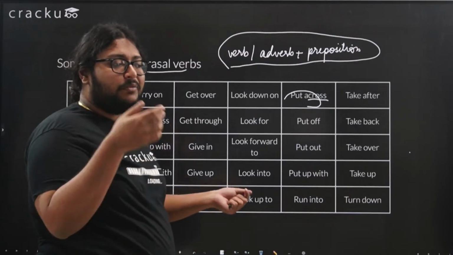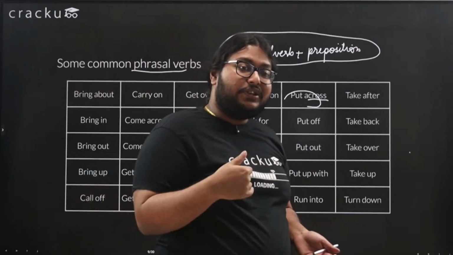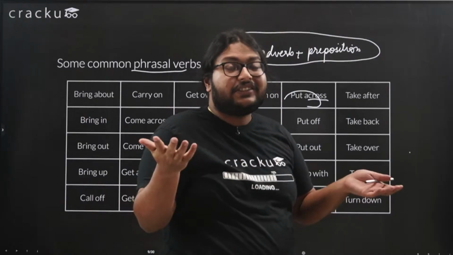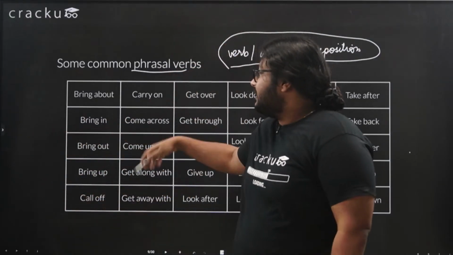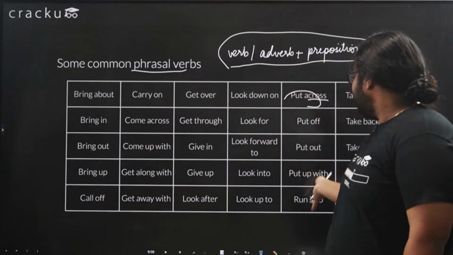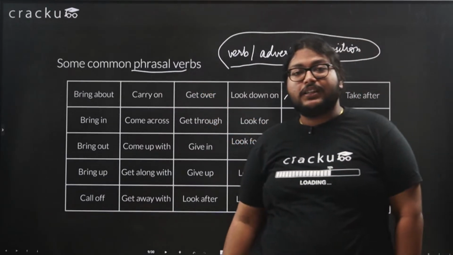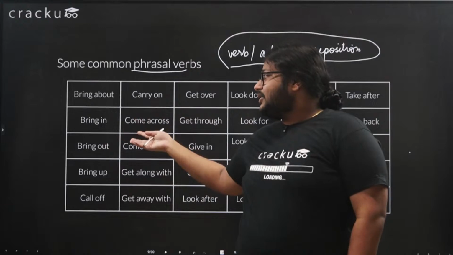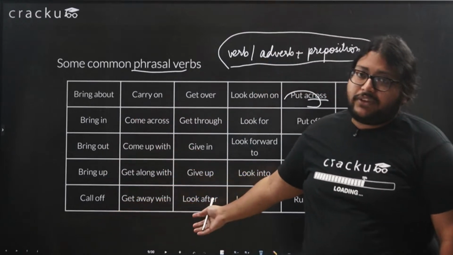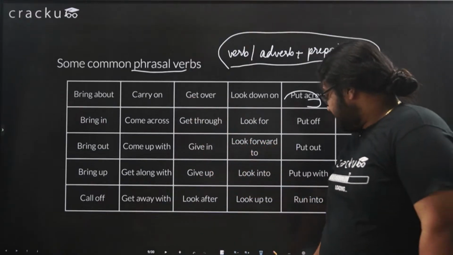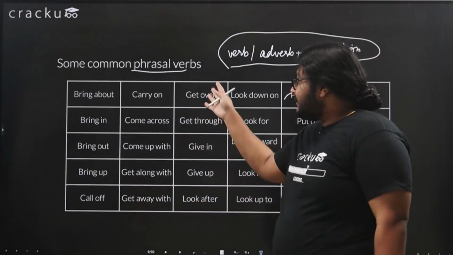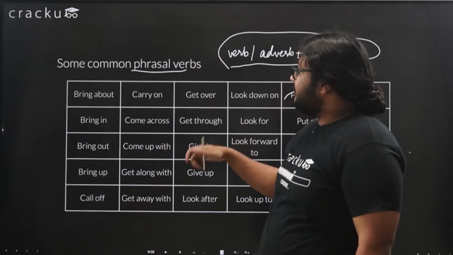You will not find people using idioms, generally speaking. But a lot of people do use phrasal verbs. I have 30 phrasal verbs here. I think most of you would have used at least 25 of them sometime or the other while talking. So, okay, let's just get through the meanings of them.